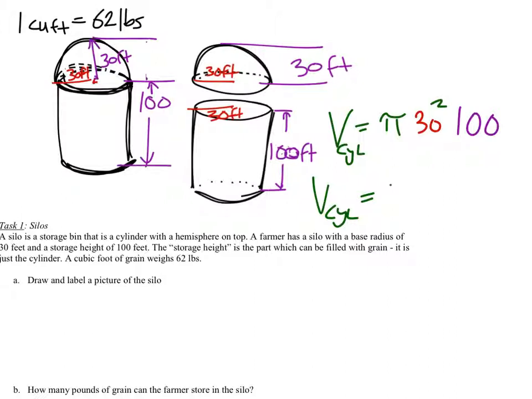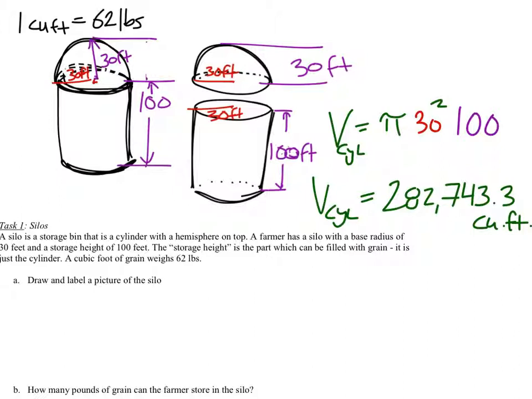So I got 282,743 point, we'll just say 3. And that would be in cubic feet. That is the cubic footness of the cylinder.